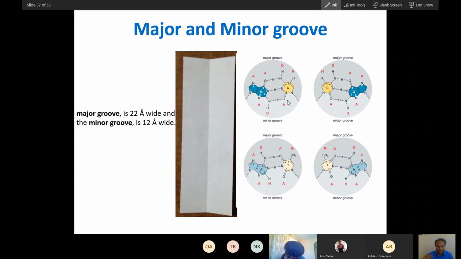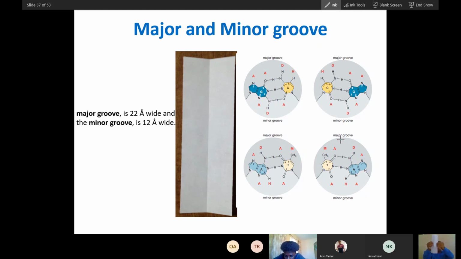So you can see the major groove. If you consider this DNA like this paper, you can imagine this is a backbone.